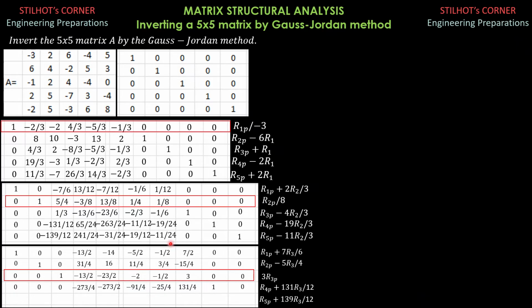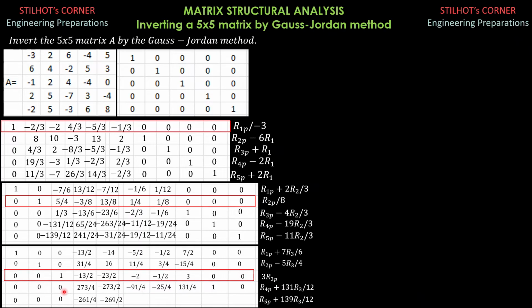Negative 11 over 24 plus 139 over 12 of negative 1/2, that's negative 25 over 4. 0 plus 139 over 12 of 3, that's 139 over 4. Then 0 plus 139 over 12 of 0, it's 0. Then 1 plus 139 over 12 of 0, it's still 1.